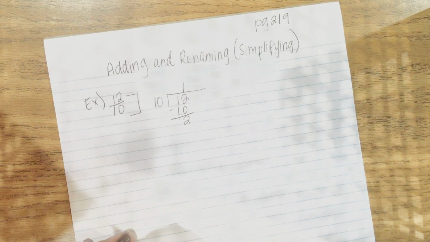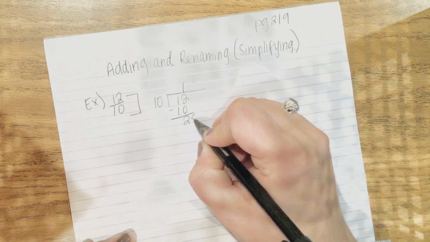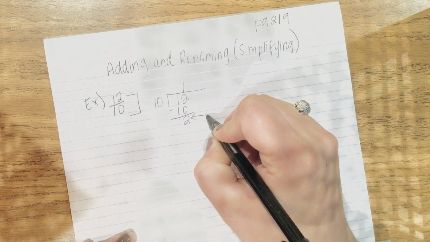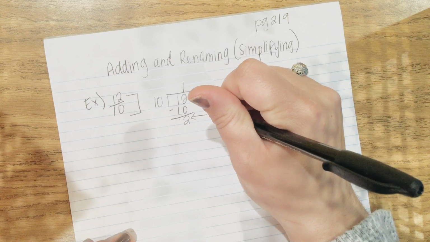Now, last time when we were changing fractions to decimals, we added a decimal point. Remember that? But this time we're not. This time we are going to take our remainder, which is 2, and this is going to be our new numerator.